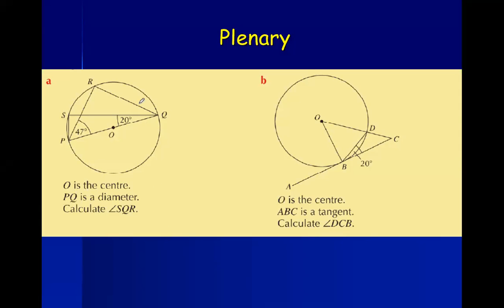We've been asked in this question here, O is the center, PQ is a diameter, so we can see it there. Calculate SQR. So we've been asked to find this angle here. So question we need to ask ourselves, do we have a right angle triangle?